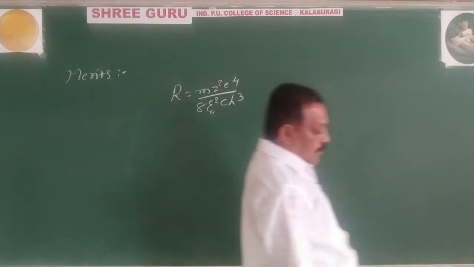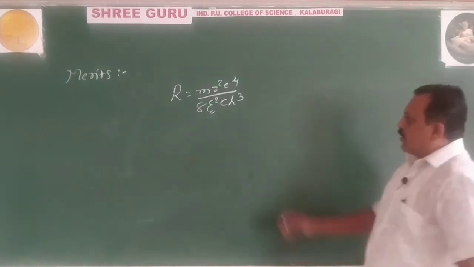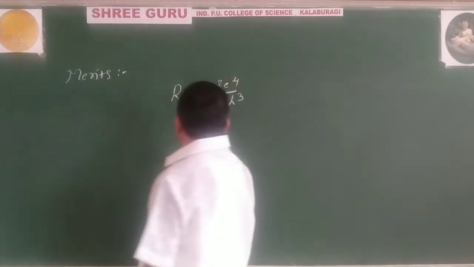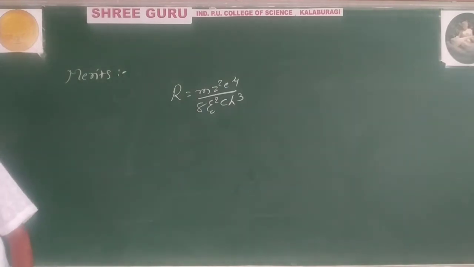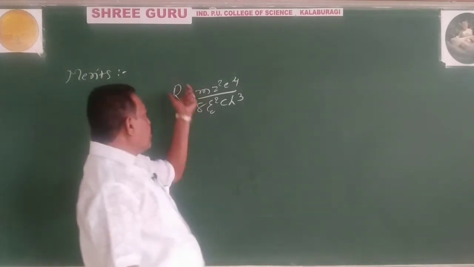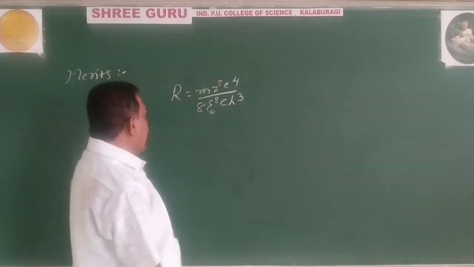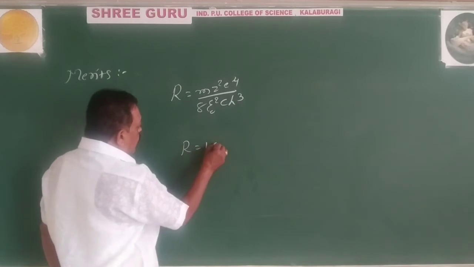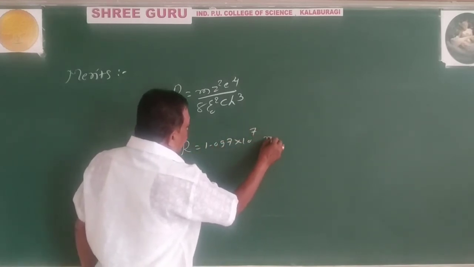Now for the first time the Rydberg constant is provided in terms of constant values. For hydrogen atom Z equals 1, with m, e, epsilon naught, c and h. By substituting Z equals 1 and all the constants, the value of R is calculated as 1.097 into 10 to the power of 7 per meter.